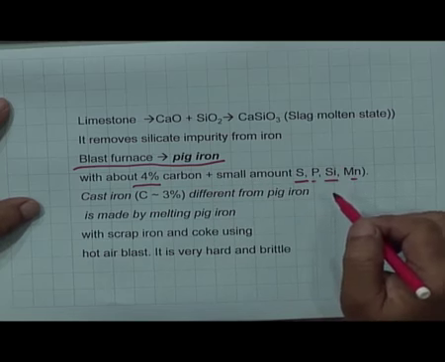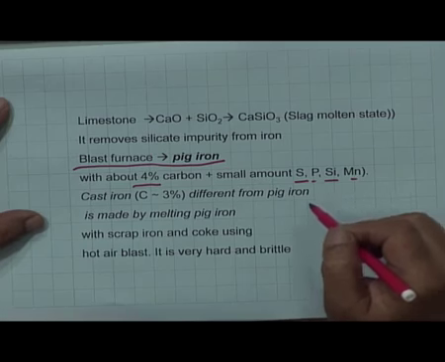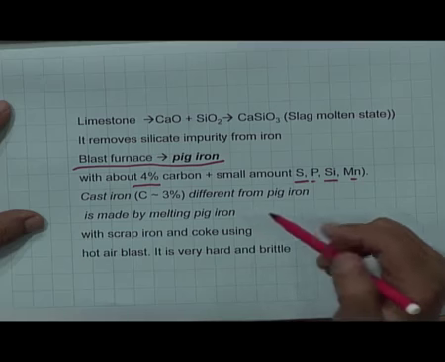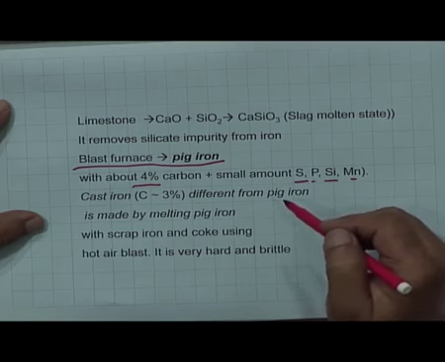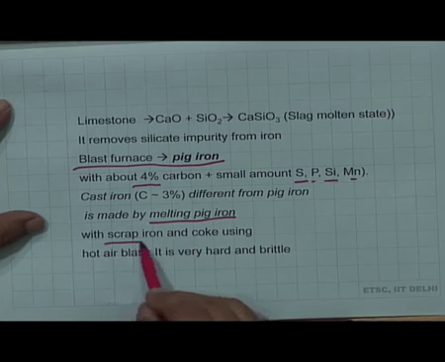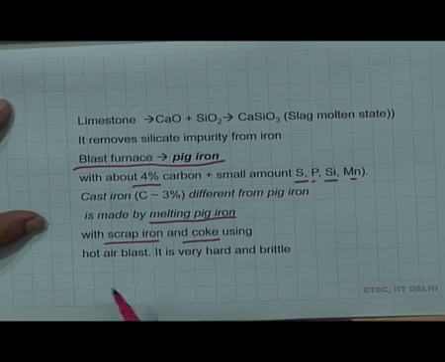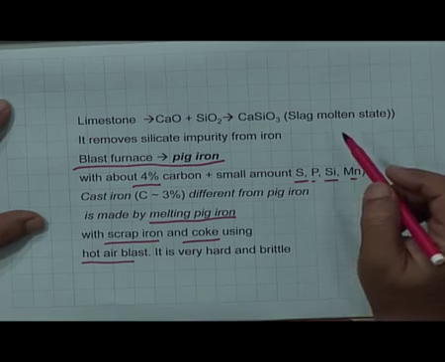So, it is converted into cast iron. What is cast iron? In cast iron the percentage of carbon is reduced. How do we do it? We melt the pig iron with scraps of iron and coke using hot air blast again in a reverberatory furnace.